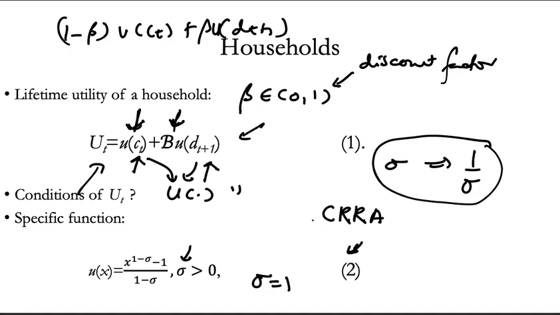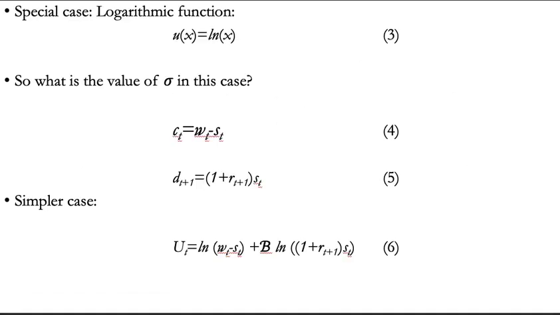What happens to our utility function if sigma equals 1? You substitute it back into the utility function, and then it becomes like this. You get a logarithmic function, a specific type of function. So this happens if sigma is 1.